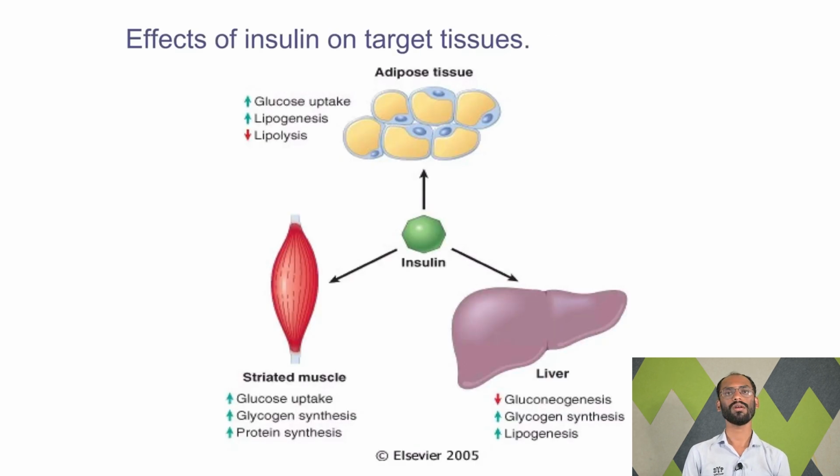The target organs are where glucose is stored as fat and glycogen. So these are the three organs where insulin acts.